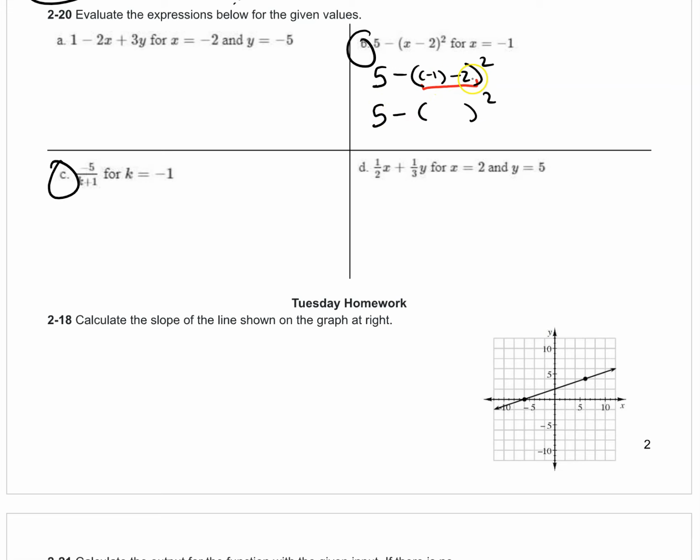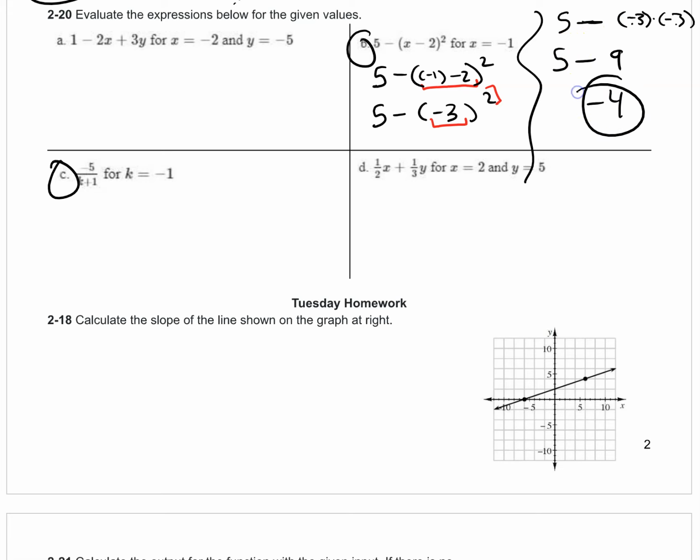Well, -1 minus 2 is -3. All right, so -3, because it's in parentheses, is our base, and that's our exponent. This is 5 minus -3 times -3, and -3 times -3 is +9. And this minus sign is a subtraction, so we're doing 5 subtract 9, which is -4.